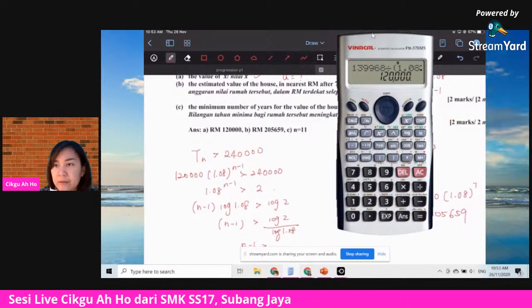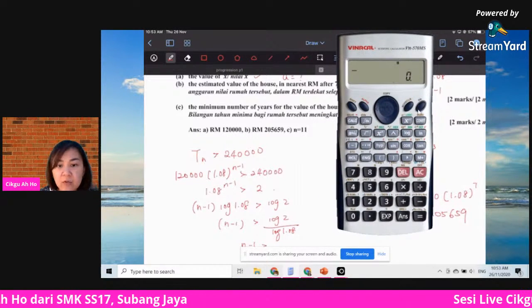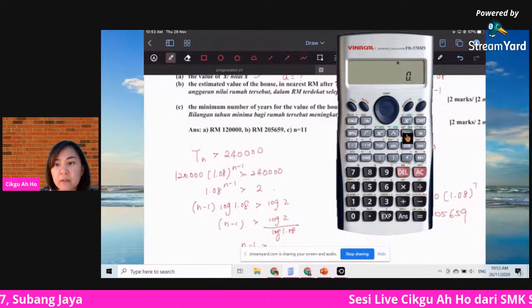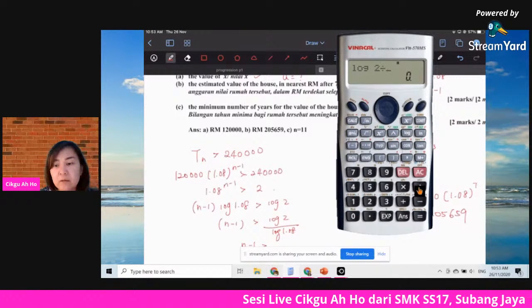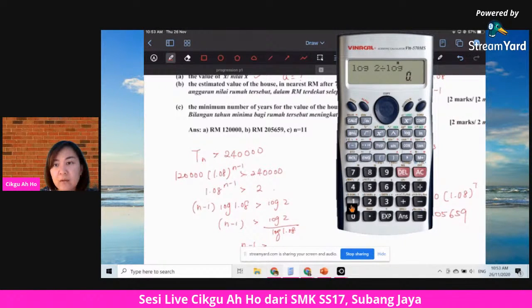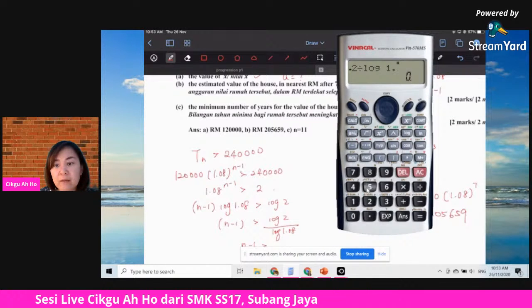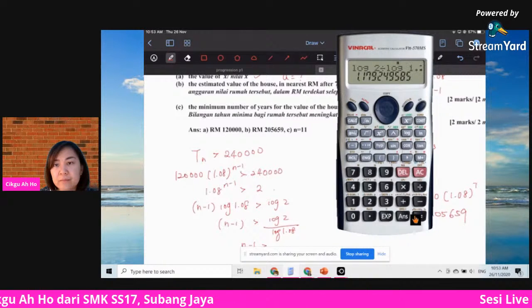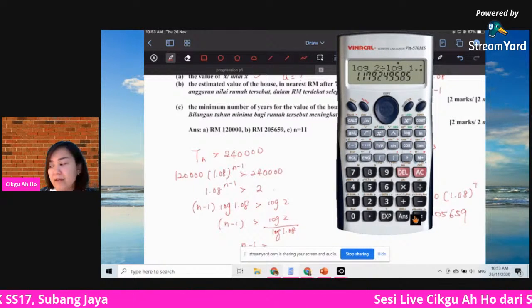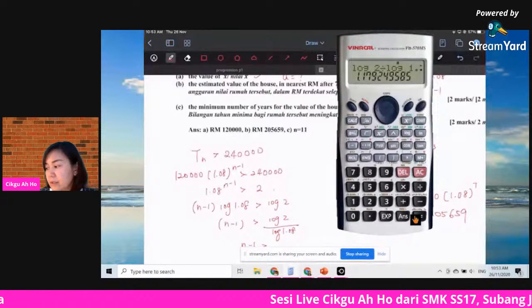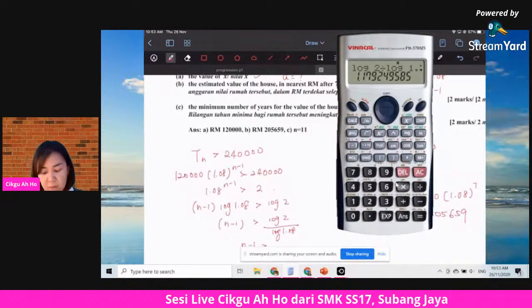Okay, show here. Log 2 divide by log 1.08. Okay, 1.17. Is it correct?